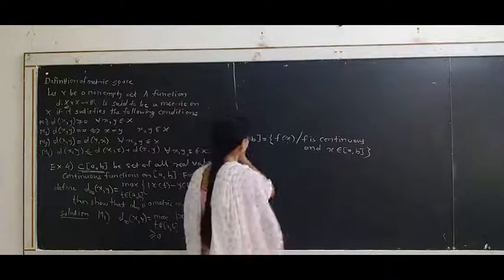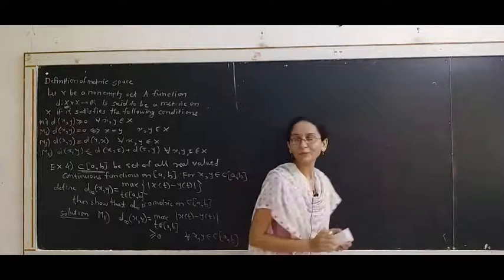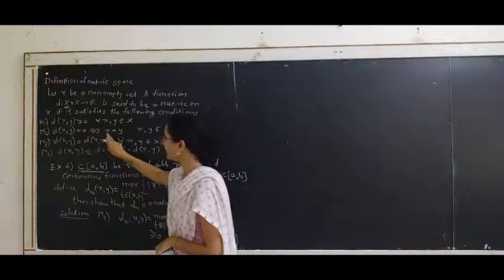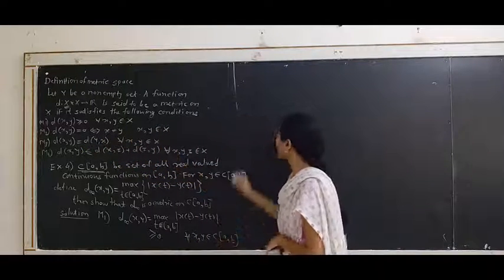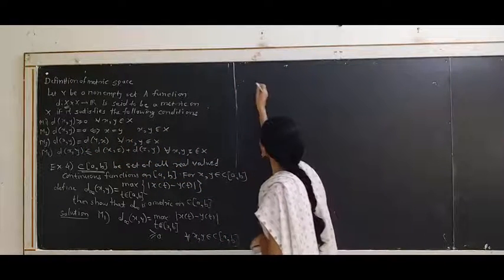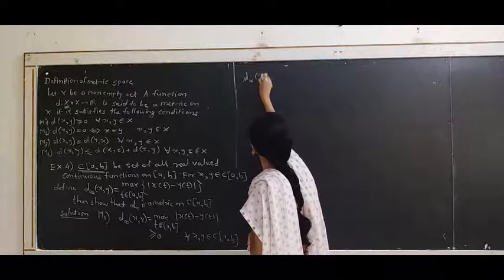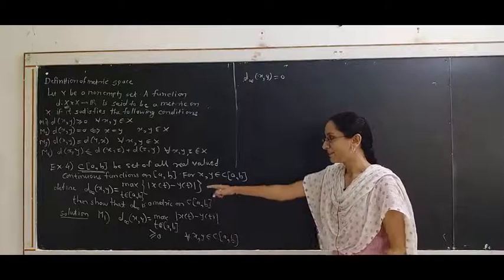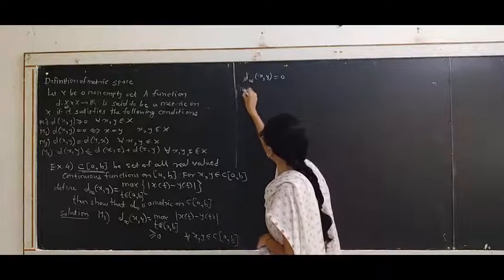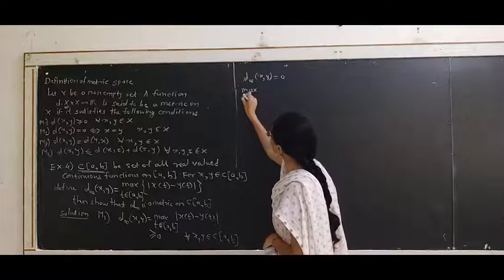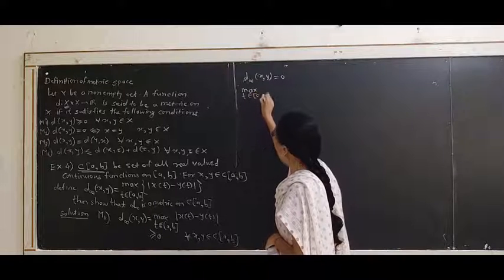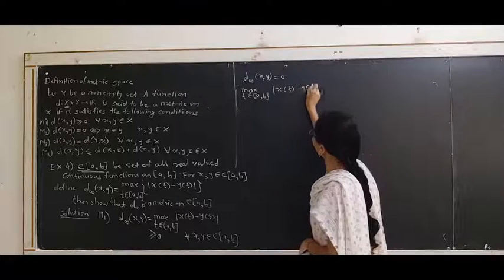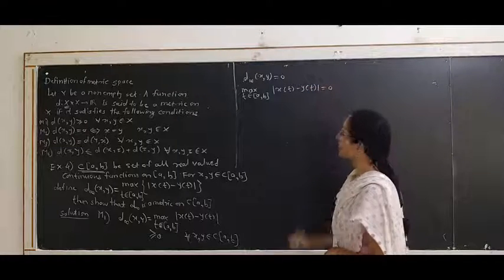Second property of the metric is that d(x,y) is equal to 0 if and only if x is equal to y. Now, if we consider d(x,y) equal to 0, by the given definition, this gives us the maximum over t belonging to [a,b] of |x(t) minus y(t)| is equal to 0.